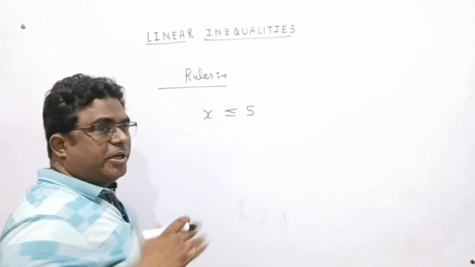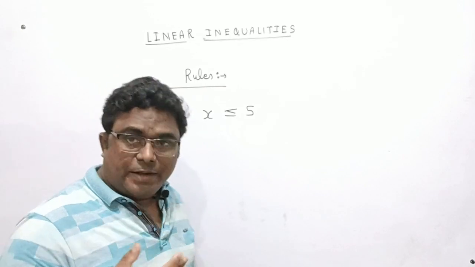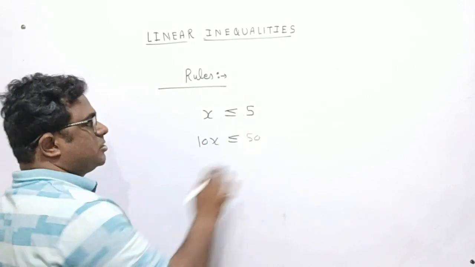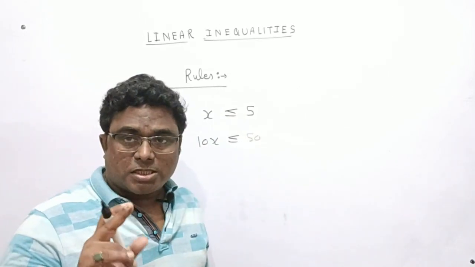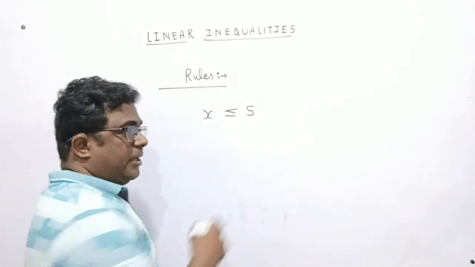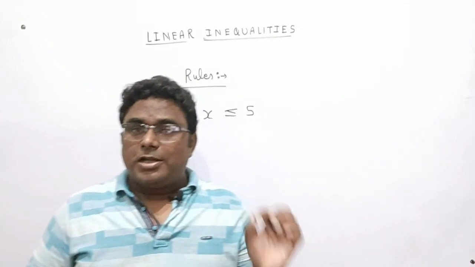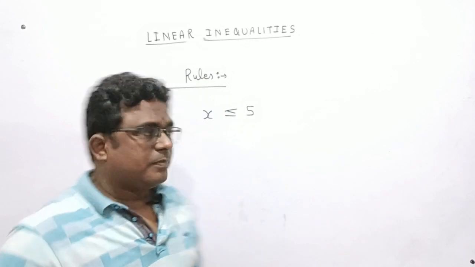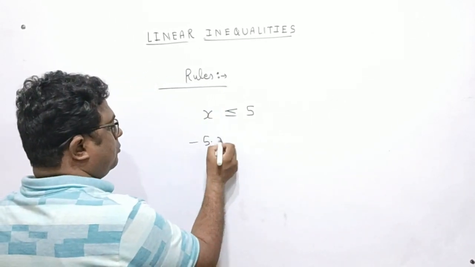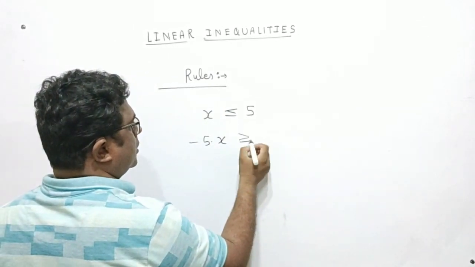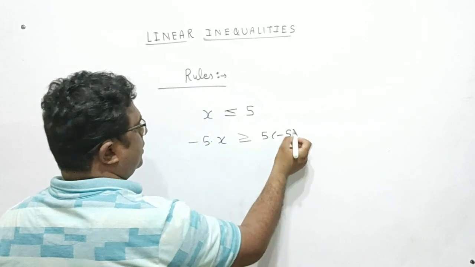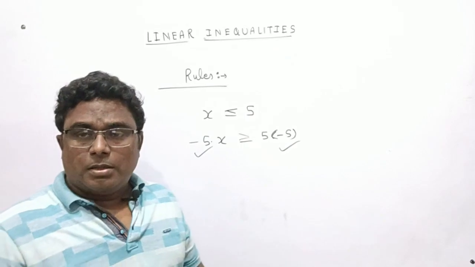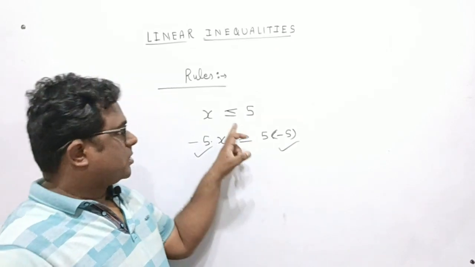If I say multiply both sides by 10, then 10x is less than or equal to 50, the sign is not affected. But see the last example carefully. If I say multiply both sides by minus 5, so minus 5 into x is greater than or equal to 5 into minus 5. So I multiplied both sides by the same negative number, and according to the third rule, the sign of inequality is reversed.